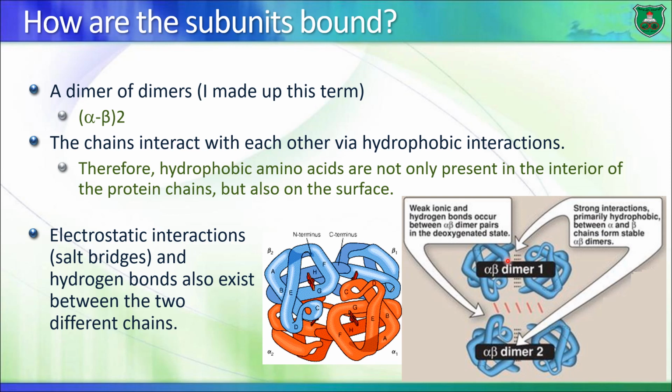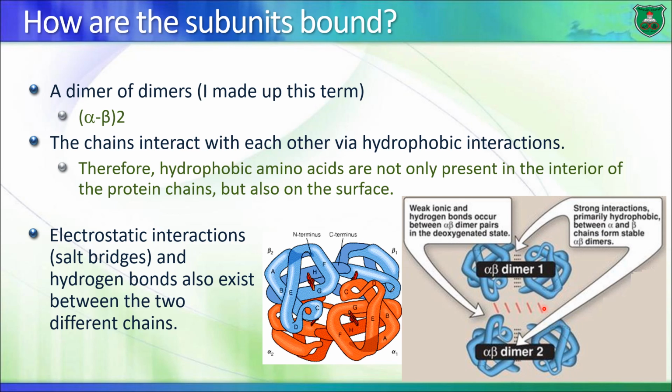So you have hydrophobic interactions between these two alpha and beta, and you have hydrophobic interactions between these two alpha and beta. But these two dimers interact with each other via hydrogen bonds and electrostatic interactions.